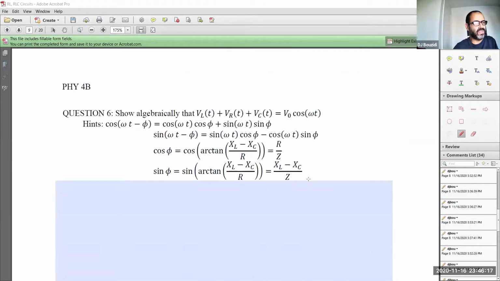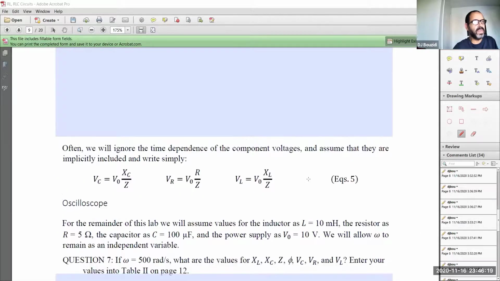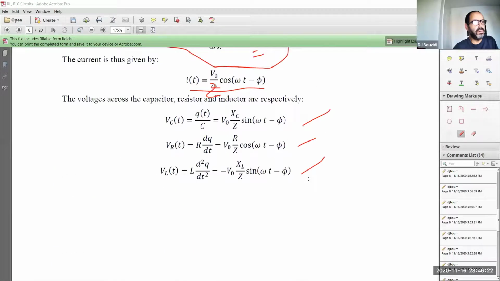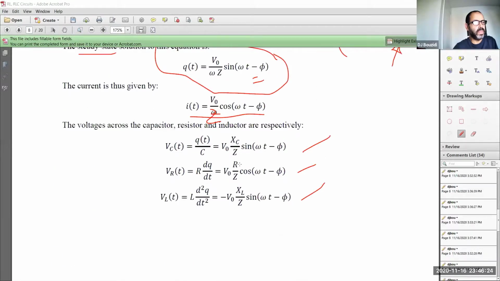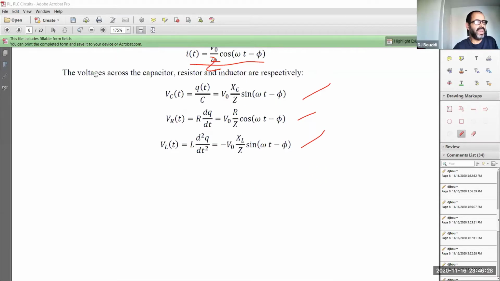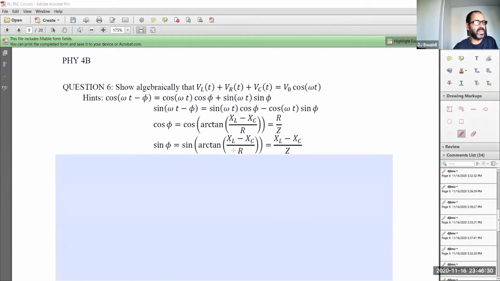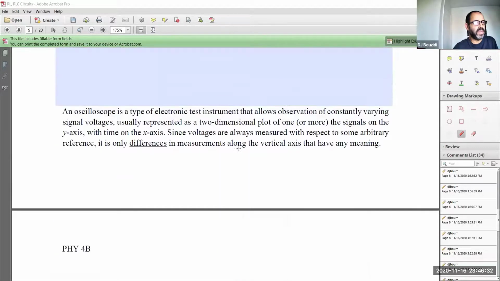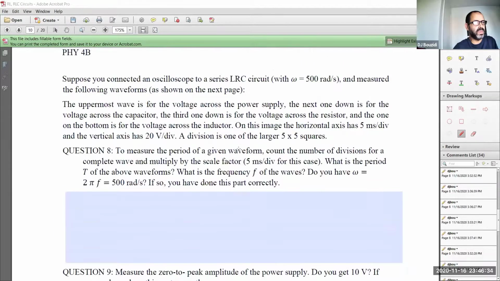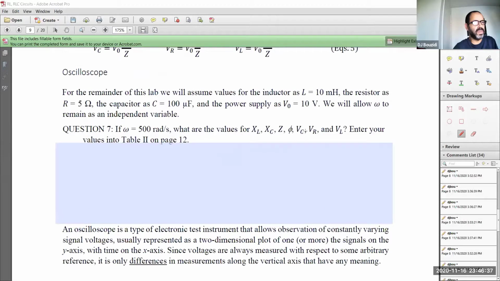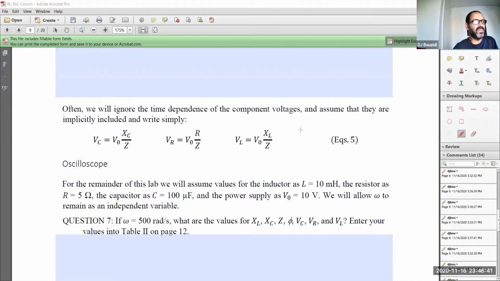So you need I first to find VR. Oh, I'm sorry, we have the VR here. VR is V naught R divided by Z. You have V naught, you have R, you have Z. You have just calculated everything in here, so you should be fine, and you should be in great shape. So you can find VR, and you can find VL again, and you can find VC.